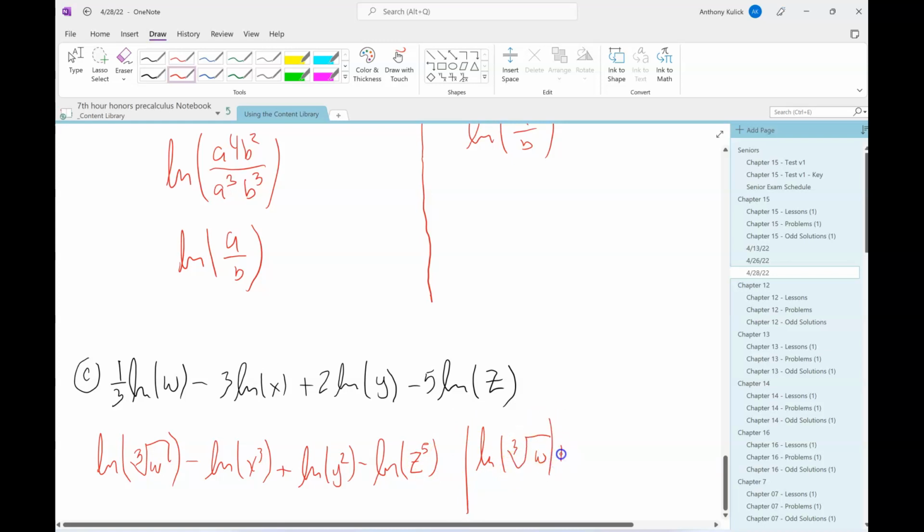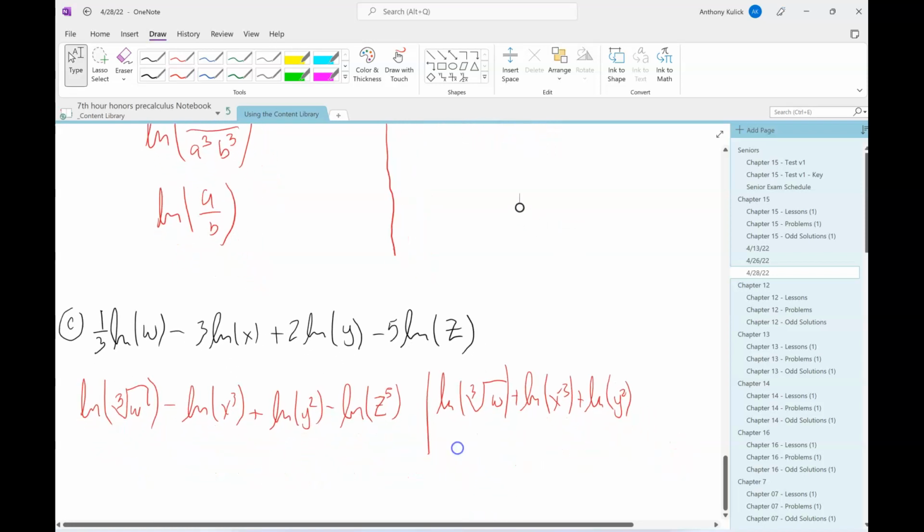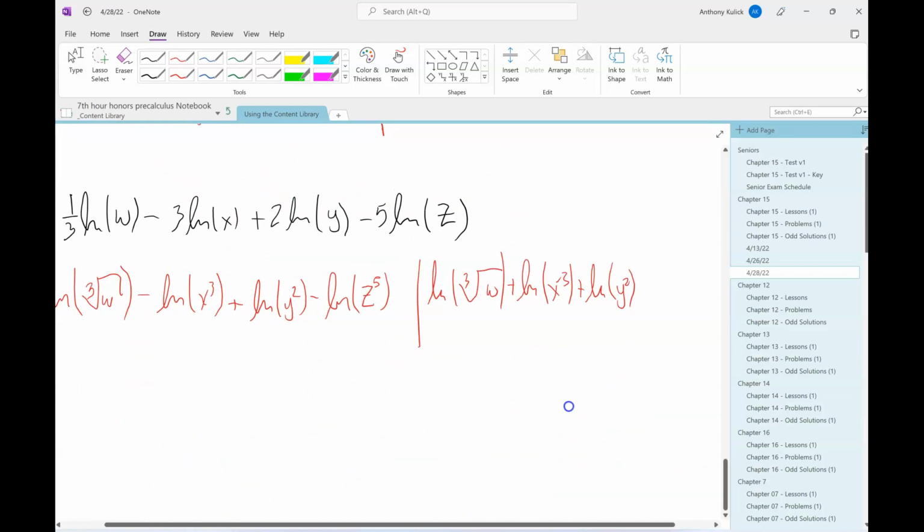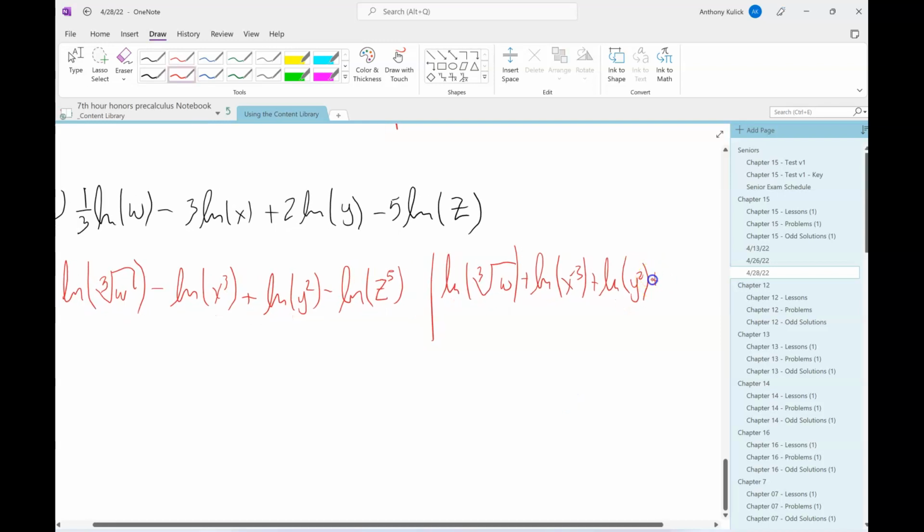And then, as we mentioned earlier, we could also do the same thing with negative exponents. Okay.